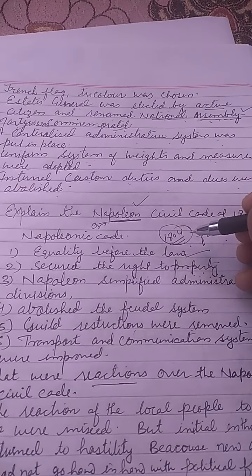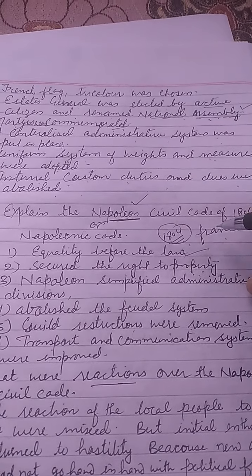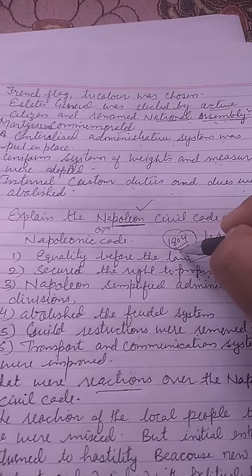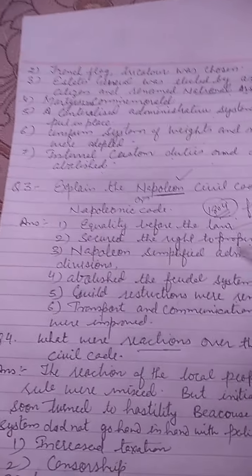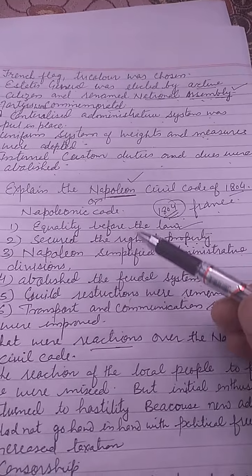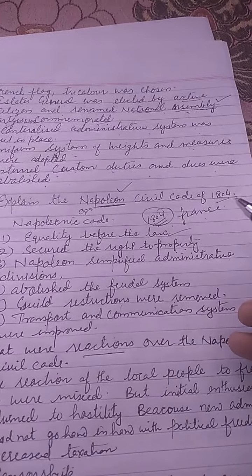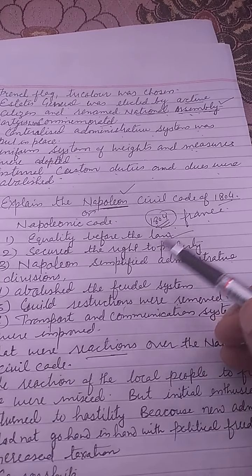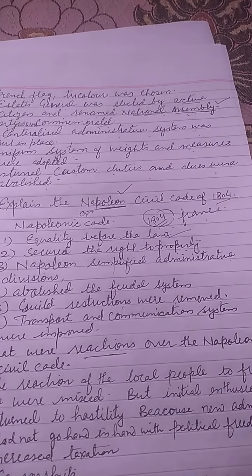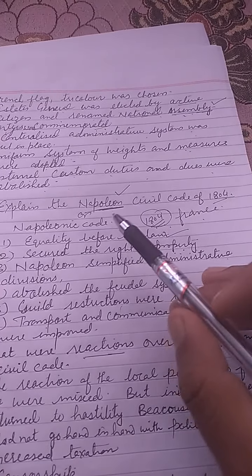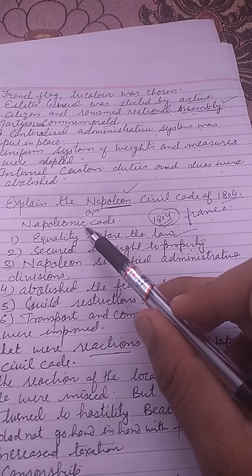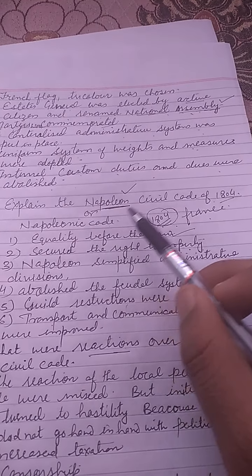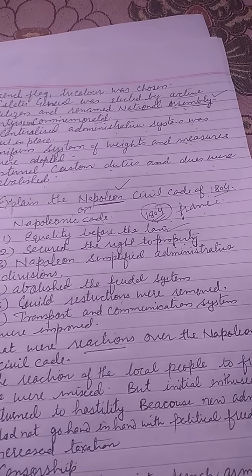When Napoleon became the emperor of France in 1804, he also started making some reforms in France. I have written some points here. The civil code of 1804 is a very important question. Many times this question is asked in the paper: what are the Napoleonic codes, or what is the civil code of 1804?